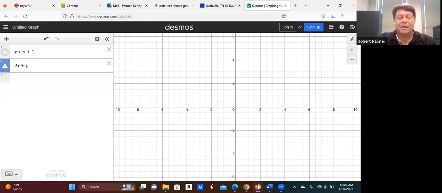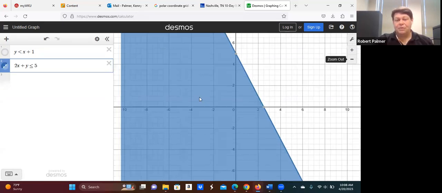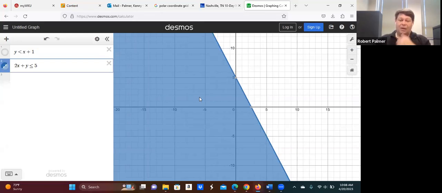You can type less than, then type equal, then 5, and it shows just that. The line is a solid line. It's part of the solution, and the solution is basically below the line, on the same side of the line as the origin. You want to think of it as above, below, the same side.